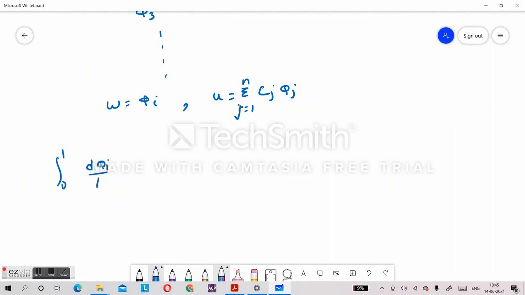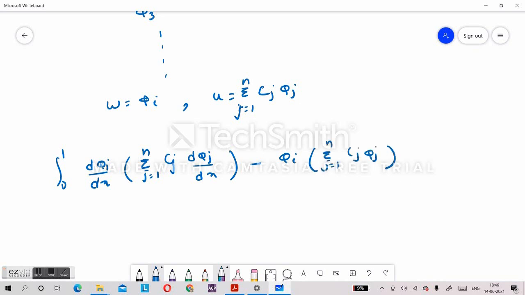So our equation will look like this: integral from 0 to 1 of dφi/dx times the sum over j equals 1 to n of cj dφj/dx, then minus φi times the sum over j equals 1 to n of cj φj.